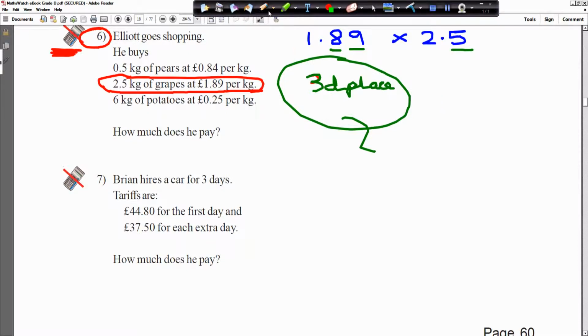So that is going to be equal to, if I got 3 decimal places in my question, I will then have 3 decimal places in my answer.